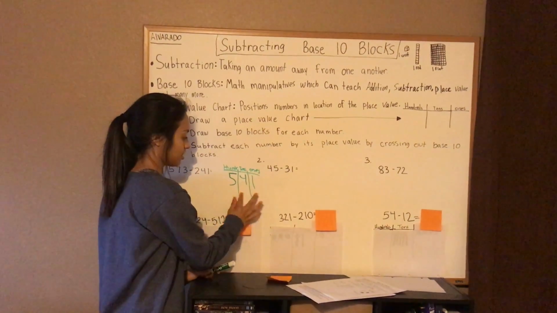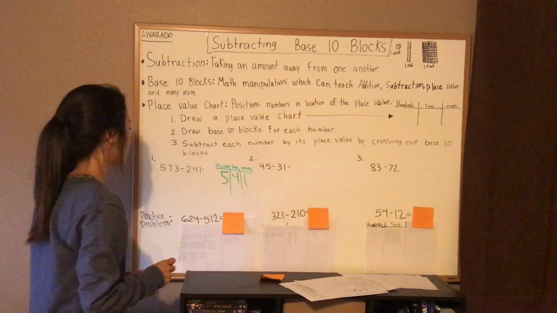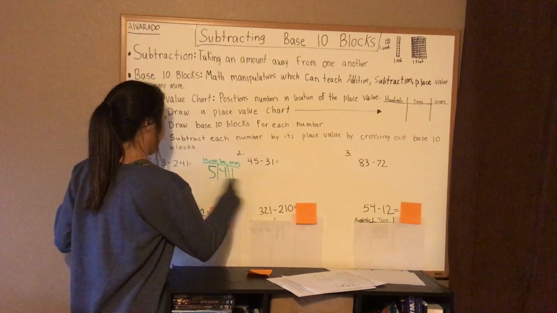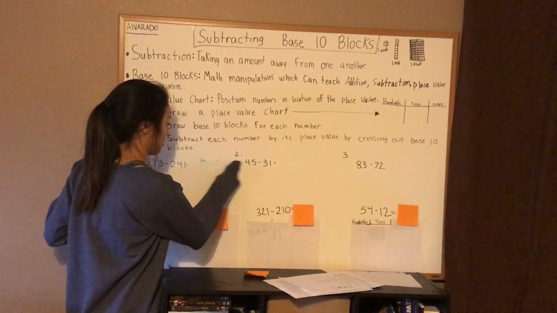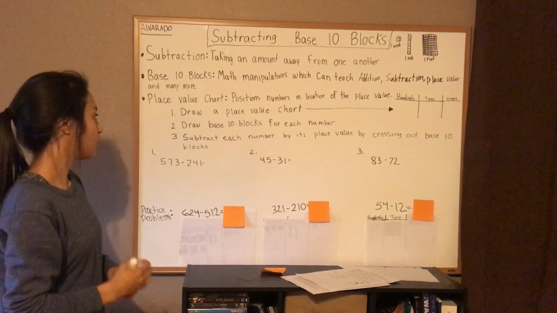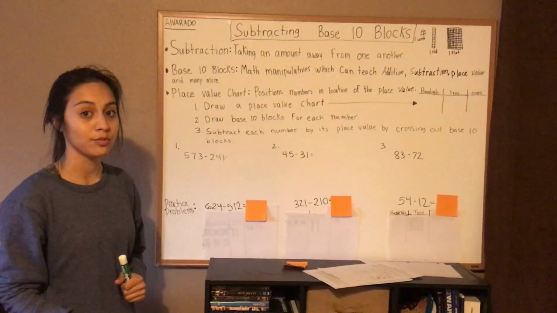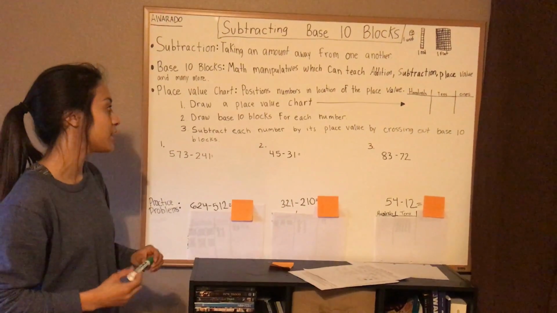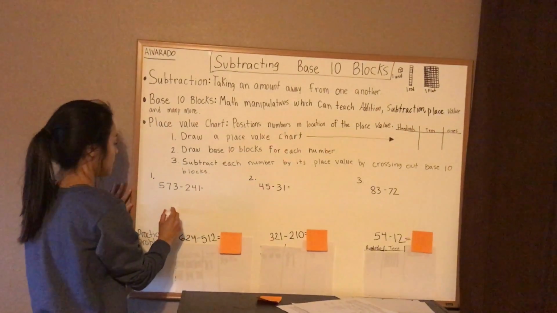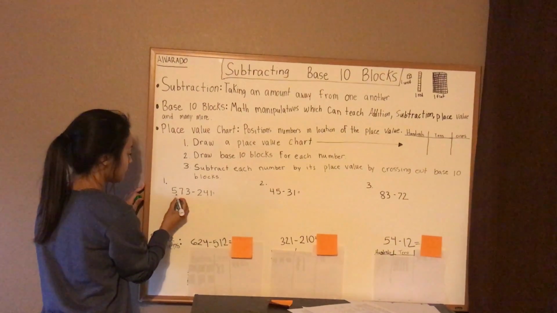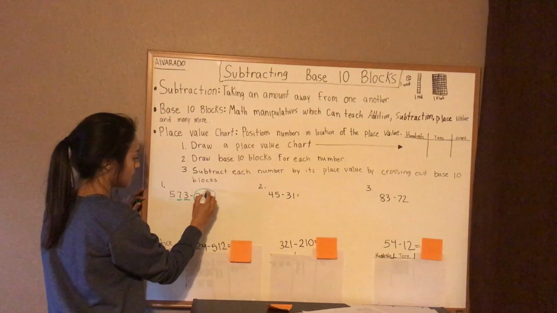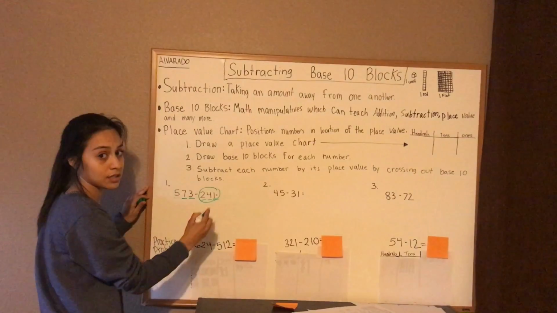So we're going to go ahead and start this process. Let me erase this. All right. So now our first direction is to draw a place value chart. We're going to draw it right here because we have hundreds, tens, and ones, and then we're subtracting hundreds, tens, and ones, okay?